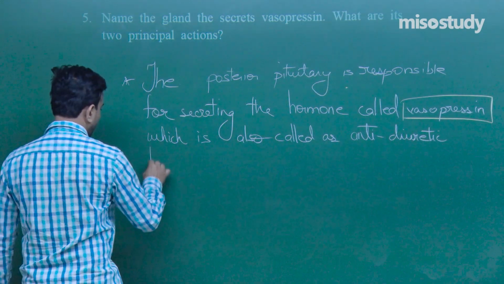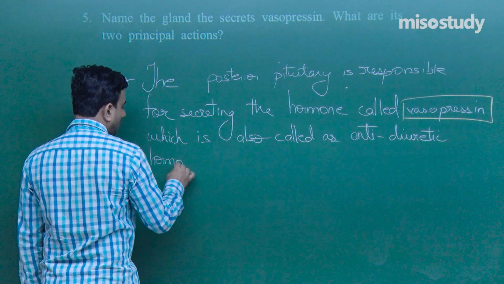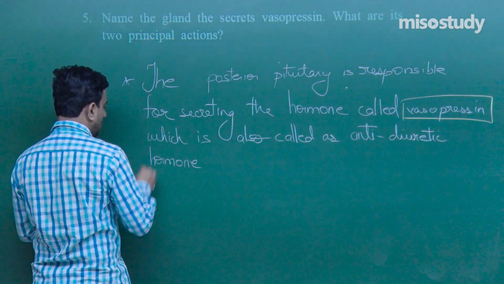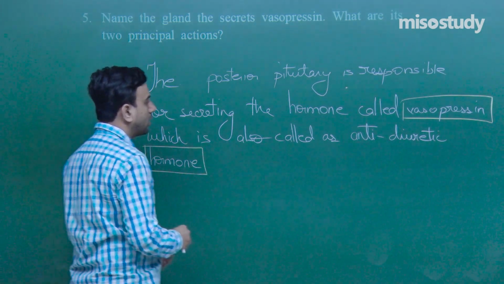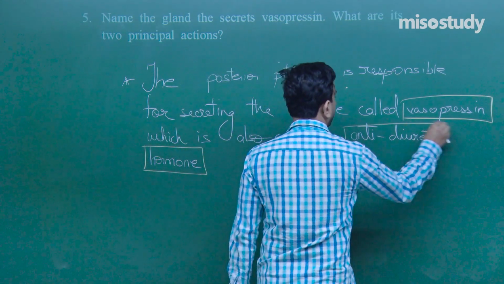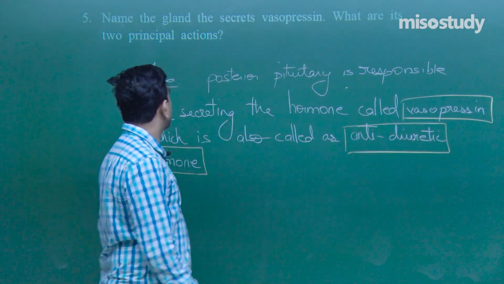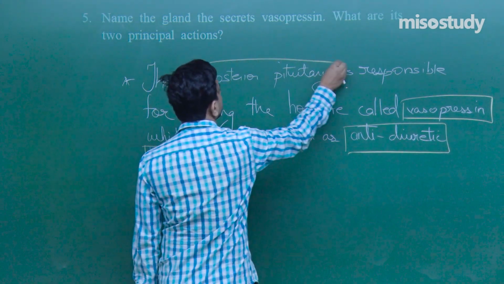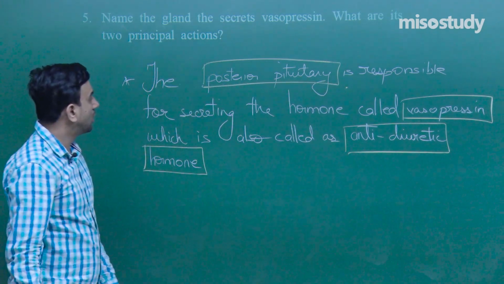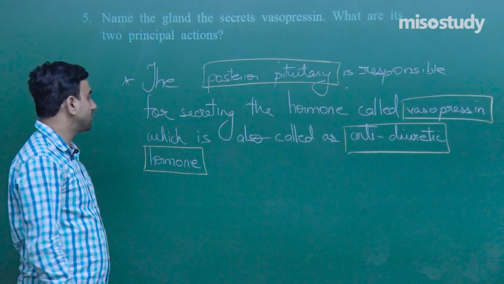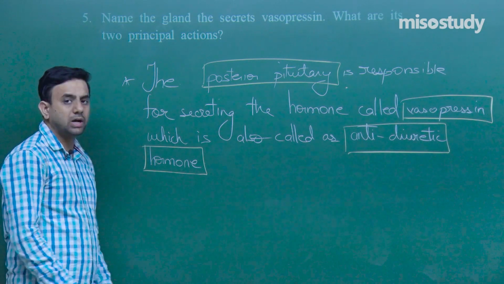So the posterior pituitary is responsible for secreting the hormone called vasopressin, which is also called the antidiuretic hormone.